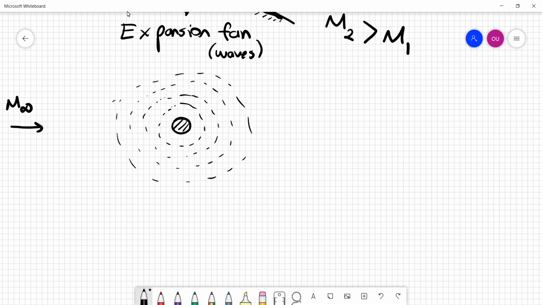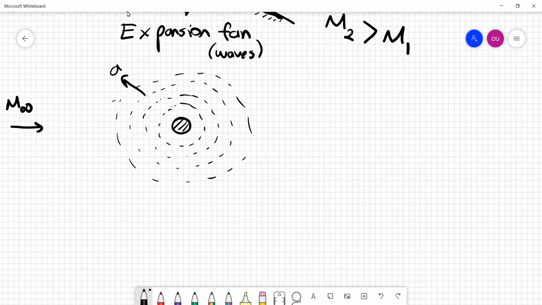If it's air, it gets propagated outwards with the speed of sound at that temperature, in all directions. Each of these circles could represent one wave propagating out from the solid object.